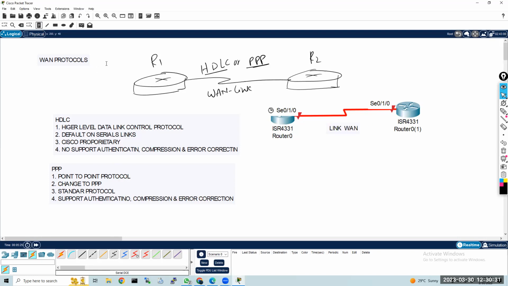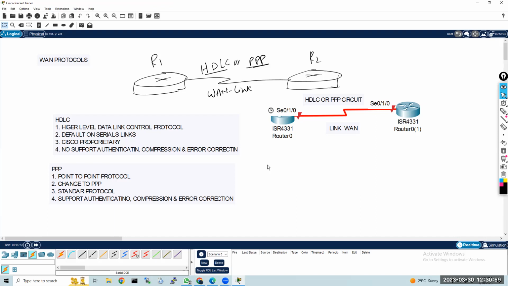And this link, what we will call it as, might be your HDLC or PPP. Remember, guys, it might be any one of the links. PPP we also call a PPP circuit. What is a circuit?